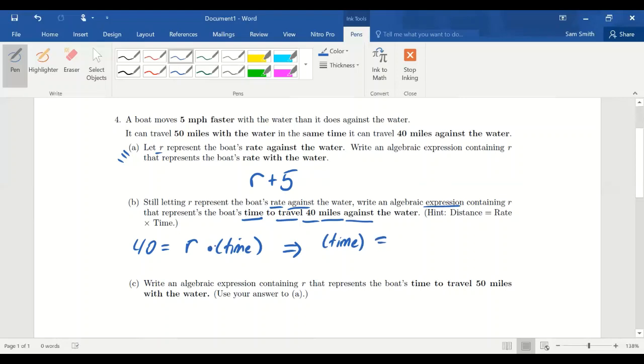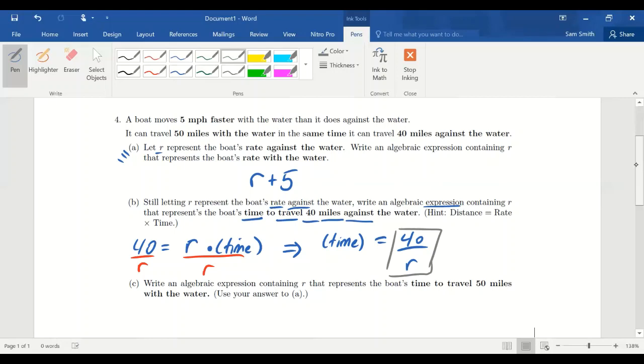Now, to isolate time, I need to get rid of R, and to get rid of a multiplied R, I have to divide by R. The time required is 40, the distance, divided by R. And this expression, 40 over R, represents the time against the water.